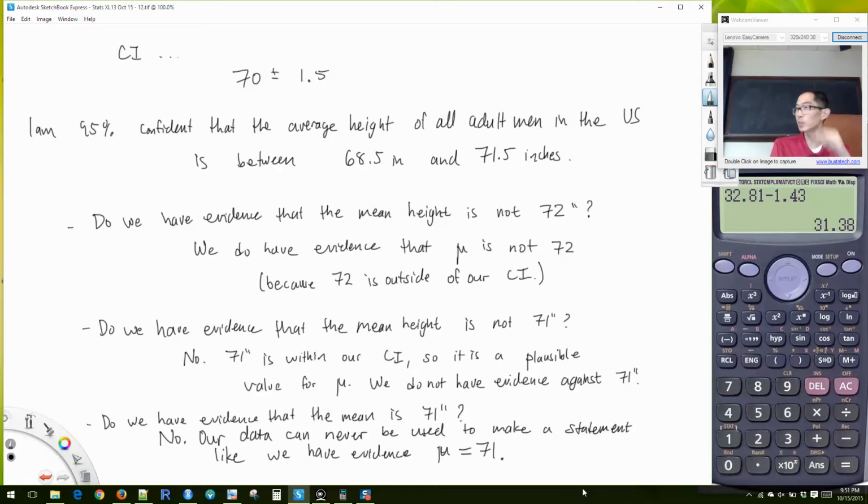Even the number 70, which is right in the middle of our interval, our sample doesn't provide evidence that the mean is 70. It just says, well, that's what we got in our sample, so it's a plausible number. But as far as what is the actual value in the population, all we can do is make an interval of confidence.